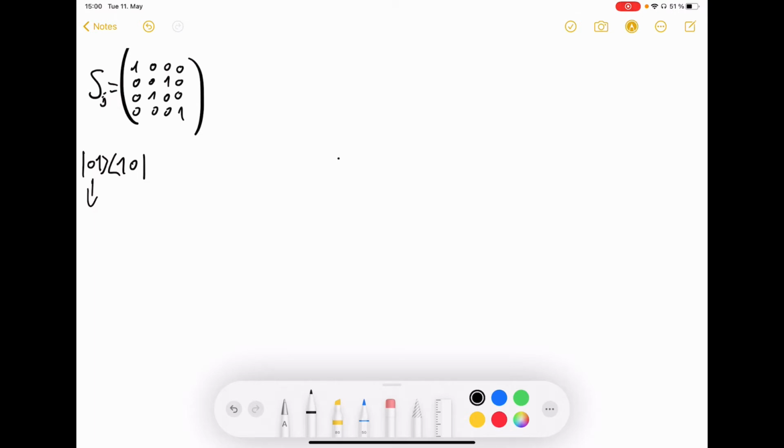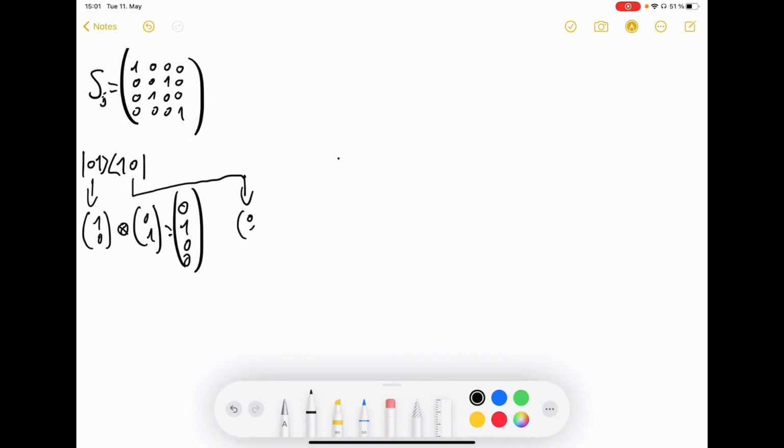We take the 0 vector, 1, 0, and create the tensor product with the 1 vector here, which then gives us 0, 1, 0, 0. We do the same here for 1, 0, where we start with the vector 1, create a tensor product with 1, 0, which gives us 0, 0, 1, 0.